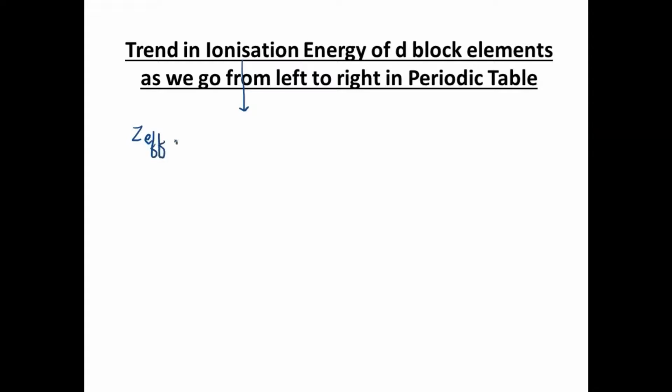If the nuclear charge is more, definitely ionization energy is more. Then it depends upon atomic size, or we can say atomic radius. Ionization energy is inversely proportional to atomic size, or atomic radius.